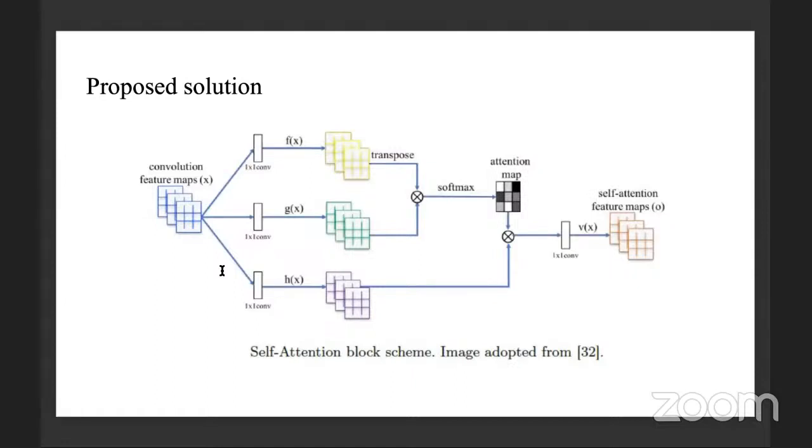As an input we have the convolution feature maps, made through several convolutions, one by one convolutions and transpositions, and after that we use the attention map to apply it to the same image with one by one convolution.